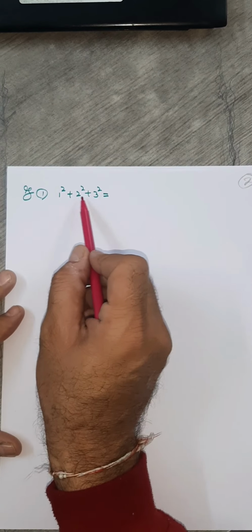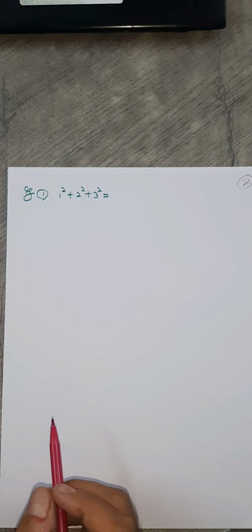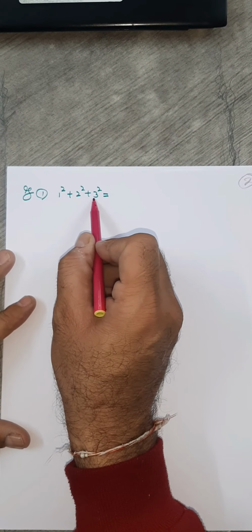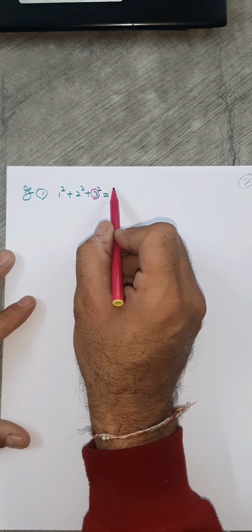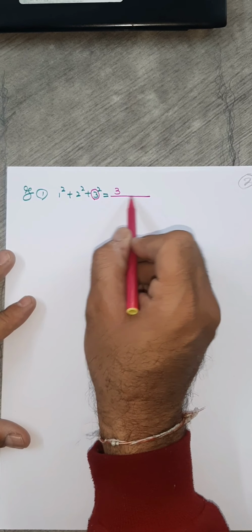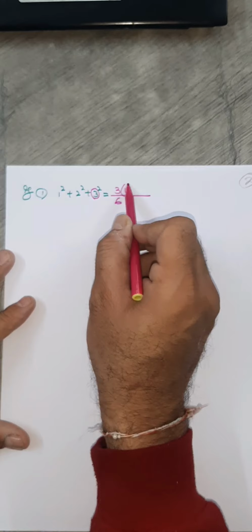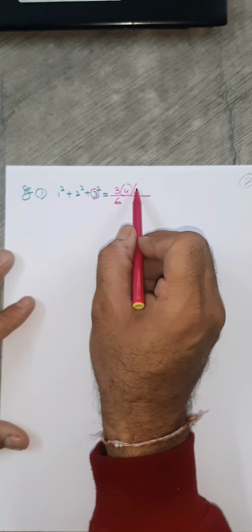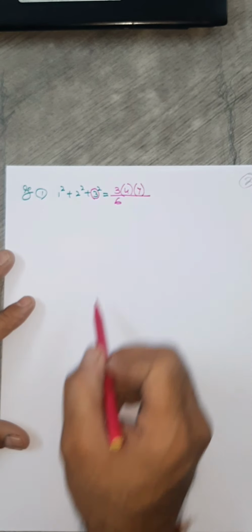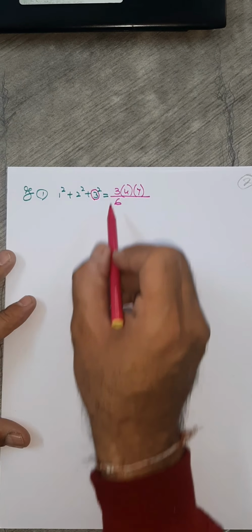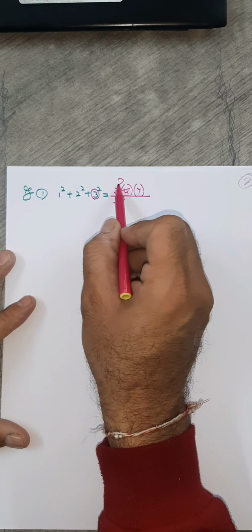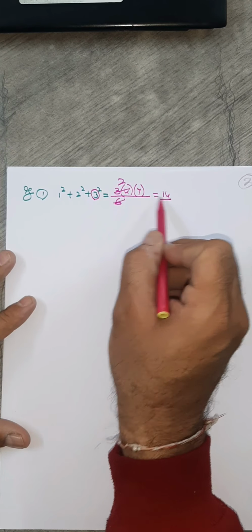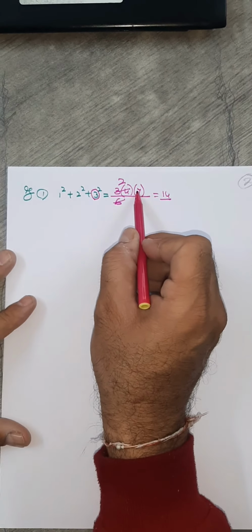This is 9 plus 4 plus 1, so it is 14. Now I'm using the formula. Here n is 3, not 9. So I'll write 3 by 6 into 3 plus 1, 4, into 3 into 2, 6 plus 1, 7. So what will we get from this? This is just 2. So from this you will get 14. That's what you had expected, right?